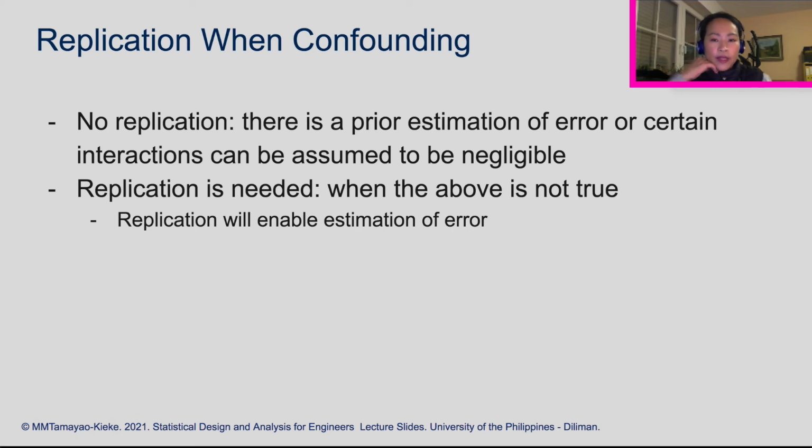The recommended approach in this situation is what we call partial confounding. And of course, we do replication to enable the estimation of error, because these two things that I mentioned earlier do not hold.